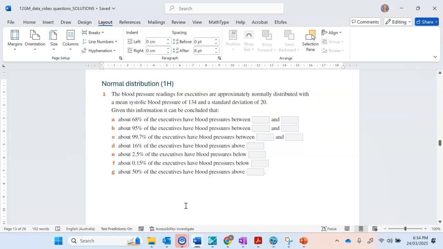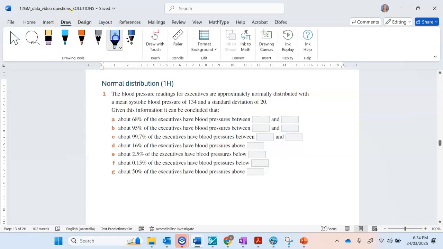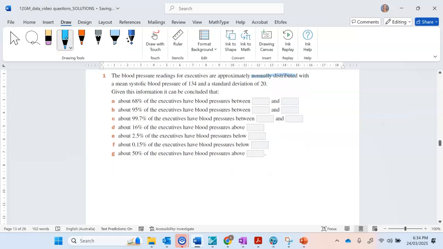All right, so these were taken from 1H. Now, when I read a question and I see the word normal distribution, I straight away think of drawing the bell-shaped curve. So let's read the question first. So the blood pressure readings for executives are approximately normally distributed with mean systolic blood pressure of 134 and a standard deviation of 20.